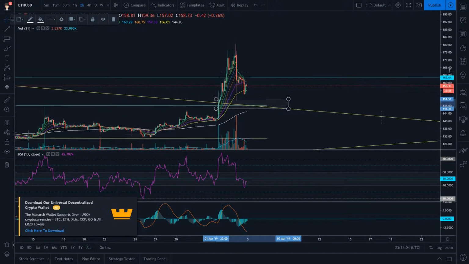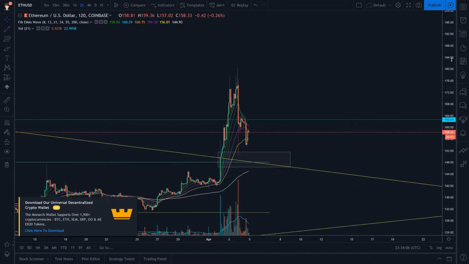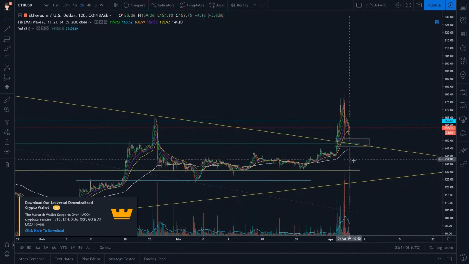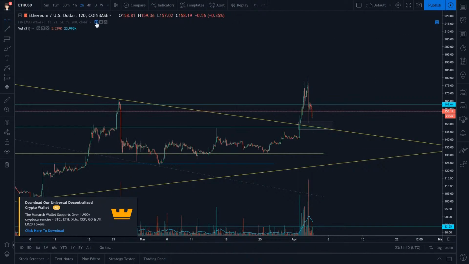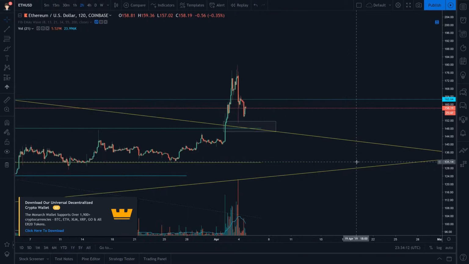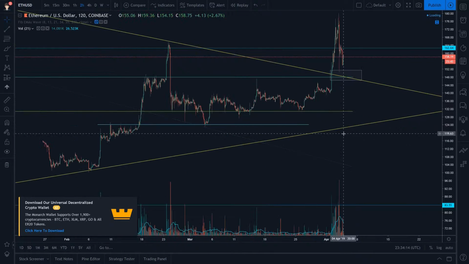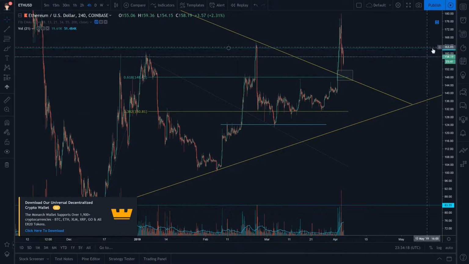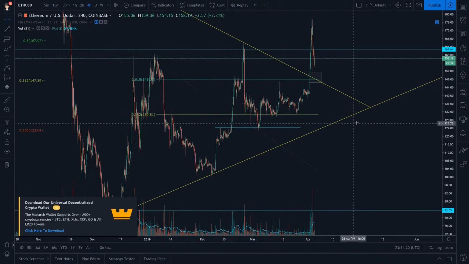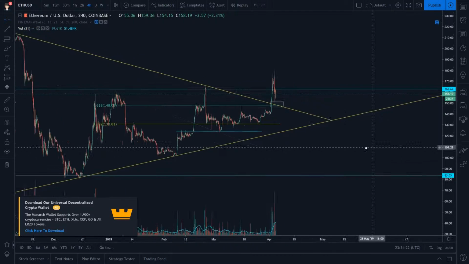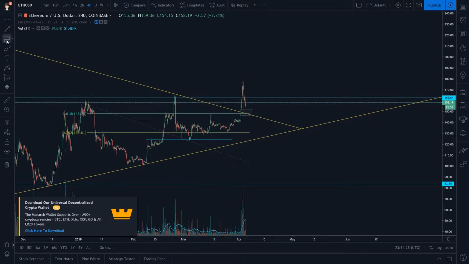One thing I do want to do, if we're talking targets, where are we going when we do find support? Well, let me get rid of these moving averages. And what we can do is, let me go to a 4-hour chart, and I want to take a fib retracement with an extension.